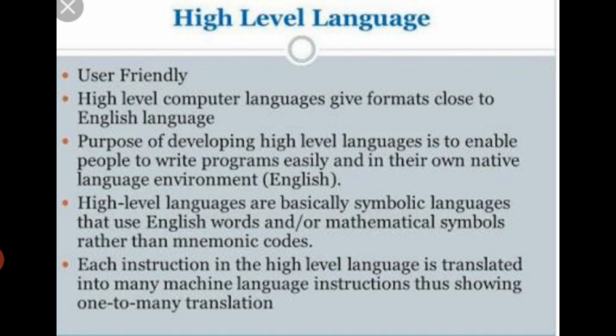Mathematical symbols will be used sometimes, and along with them English words will also be used in high level languages, and because of this it is easy for the user to understand and write programs in high level languages.